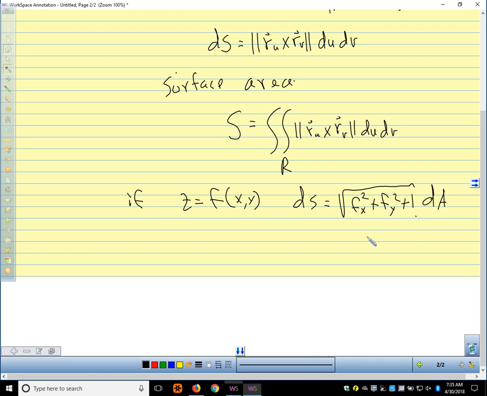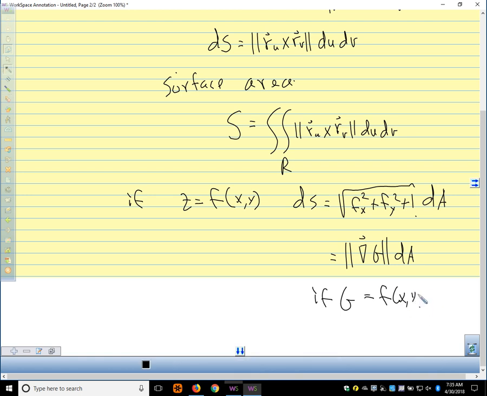And we realized that this was the magnitude of del G dA if capital G is f of x y minus z. All right, so that's what we talked about in our last lesson, kind of in a nutshell.